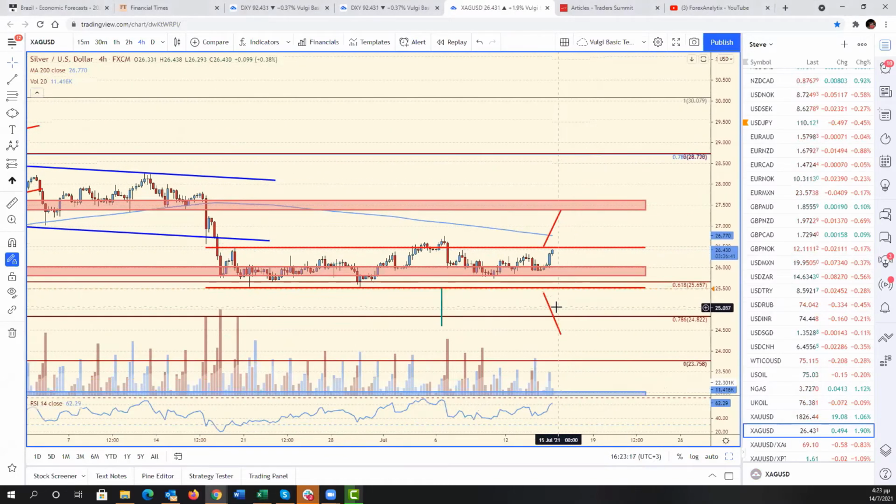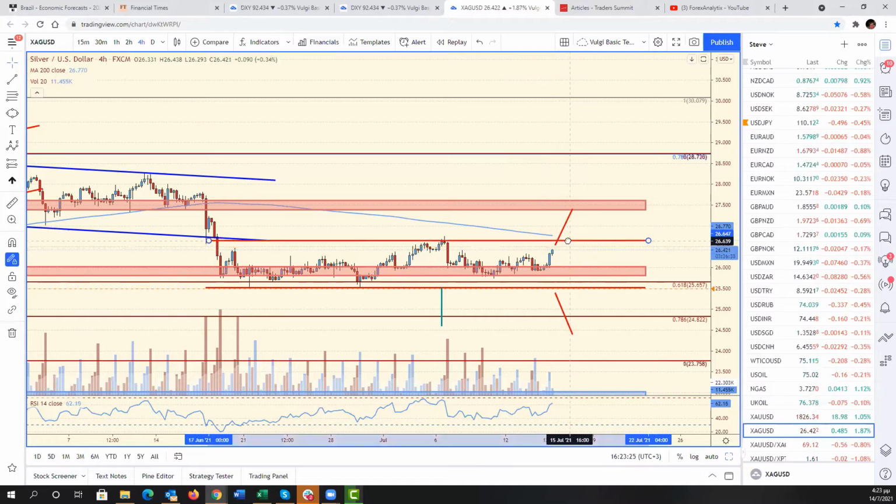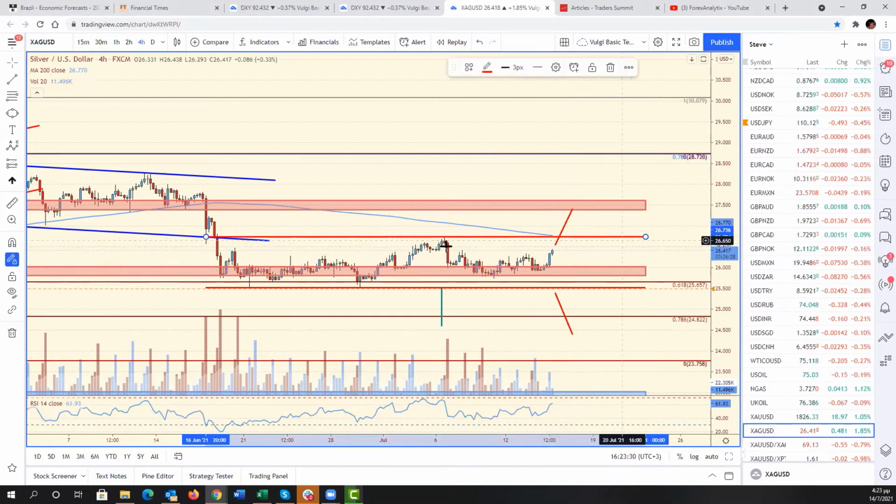Which I cannot do for silver because silver is still coiling within this rectangle. Yes, we are approaching resistance once again. We can even redefine resistance a little bit. There you go.